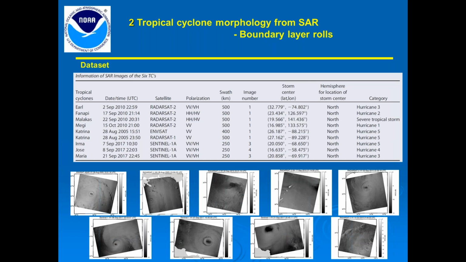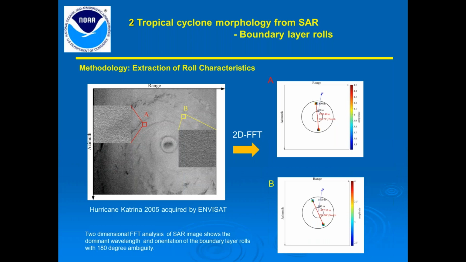Then we try to understand what roles the atmospheric boundary layer rolls play in association with the wind within the hurricane system. Atmospheric boundary layer rolls tell a lot of stories about how the hurricane is going to behave. It's either thermal or dynamical instability that causes those rolls, and those rolls align like linear features, quasi-linear features, on the SAR imagery. So we can pick them fairly easily.